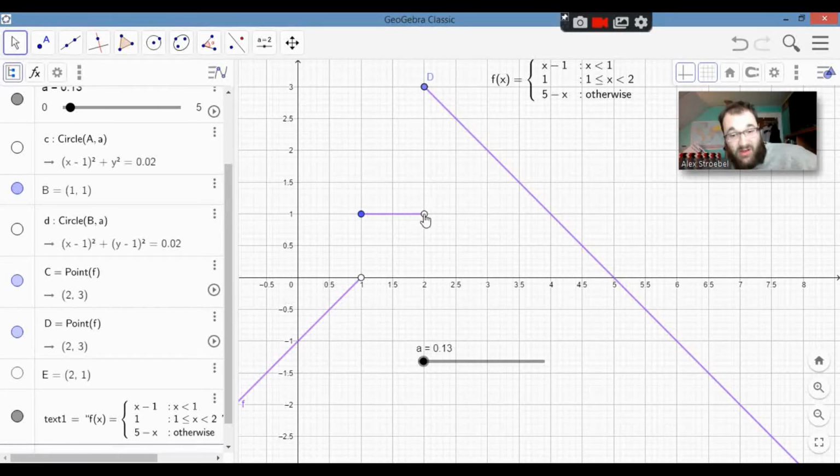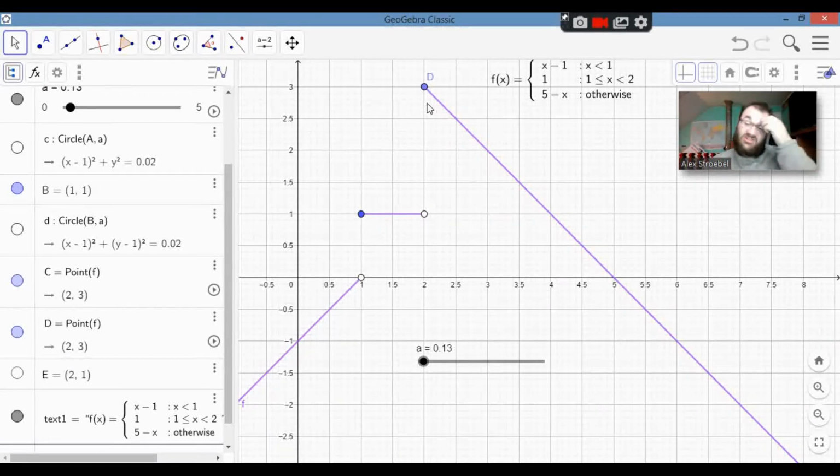Well, it keeps staying at 1. If we were to approach the limit from the right-hand side, we could say that the function keeps getting closer and closer to, oh, sorry, 3. So the left-hand limit would be 1, and the right-hand limit would be 3.